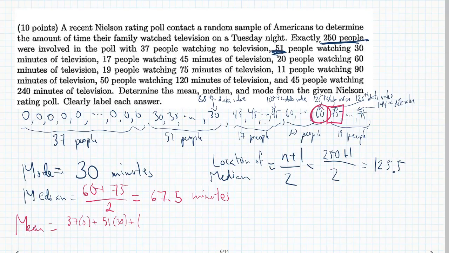There's 17 of the 45, so we go 17 times 45. Plus there's 20 of the 60s, so go 20 times 60. Plus there's 19 of the 75, so we'll go 19 times 75. Plus 11 of the 90s, so put 11 times 90.